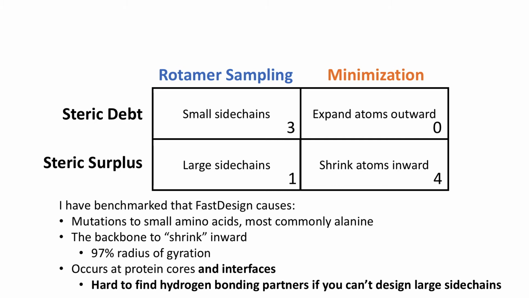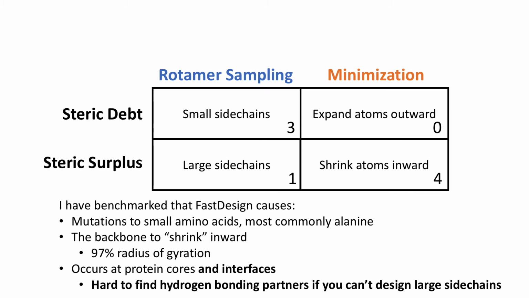The radius of gyration is a metric that roughly measures, at least in the way that we're using it here, how large the protein is, how much space it's taking up, and that's decreasing to 97% of how it starts at the beginning of fast design.